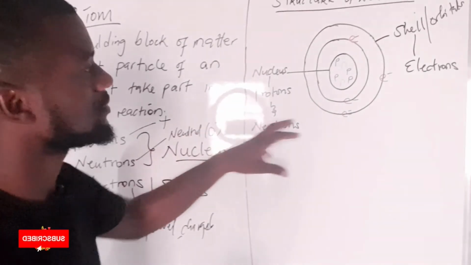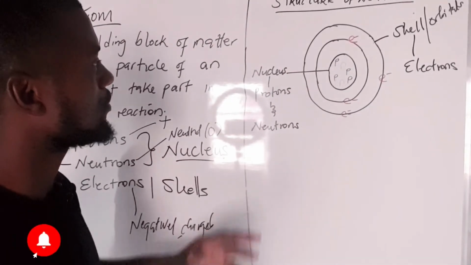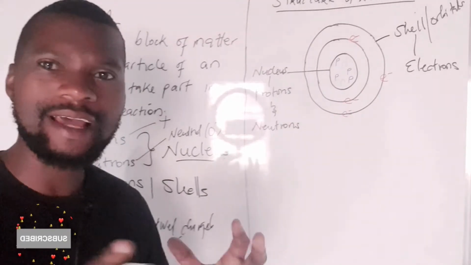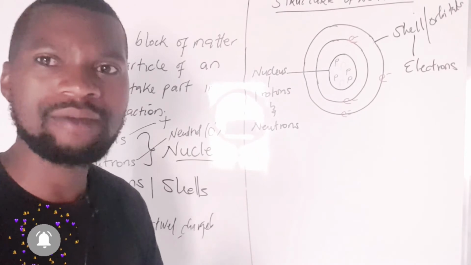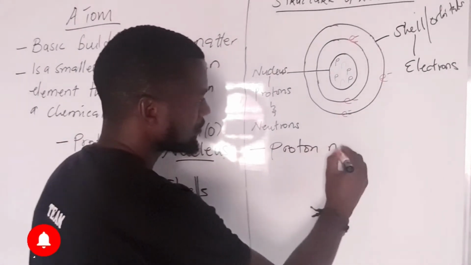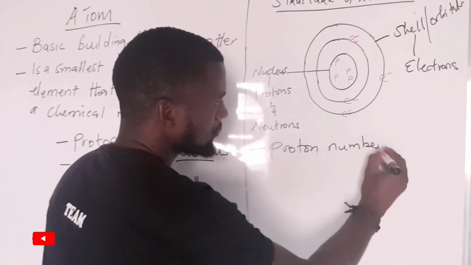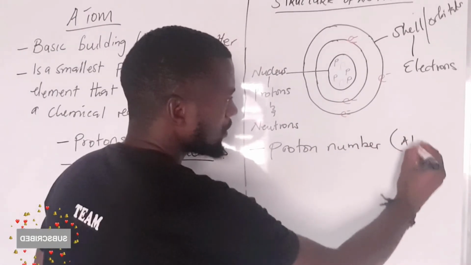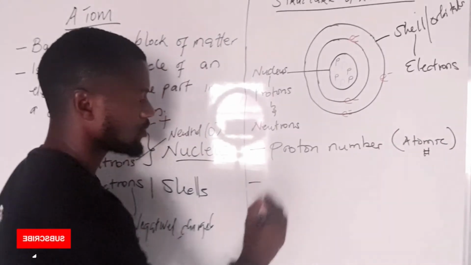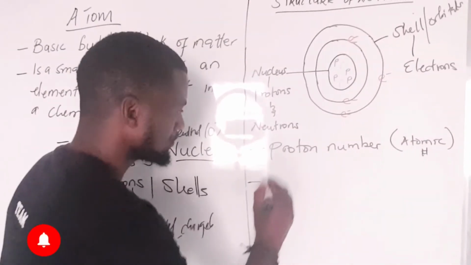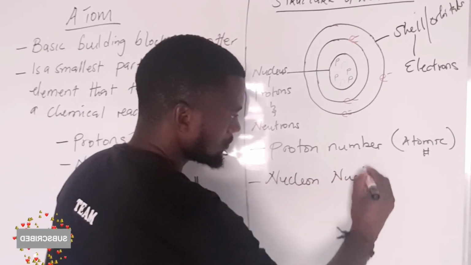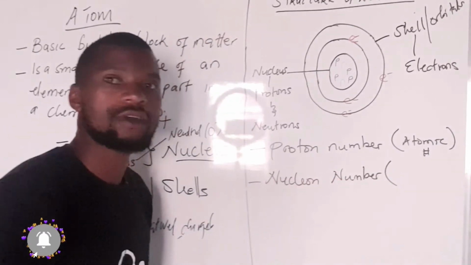This composition of the protons, electrons, as well as the neutrons in an atom can easily be determined by its proton number, which is also known as the atomic number, and also the nucleon number, which is also known as the mass number.